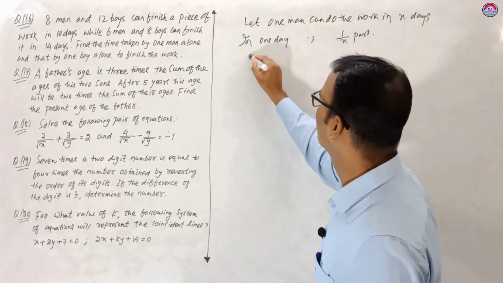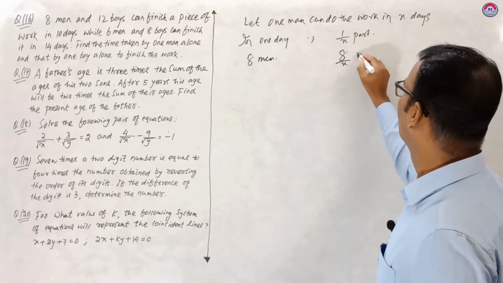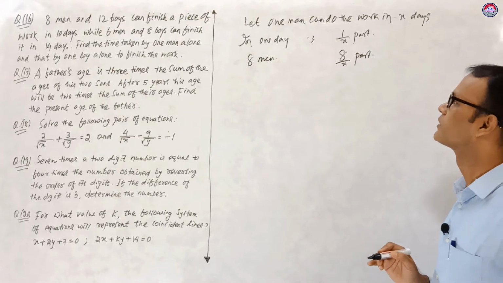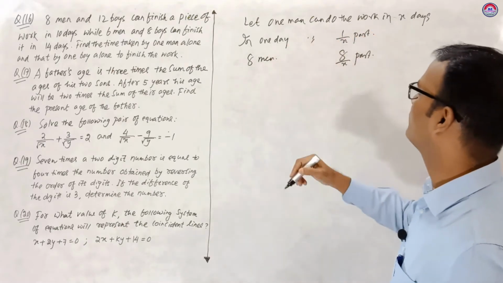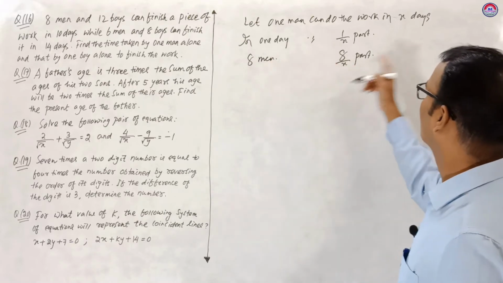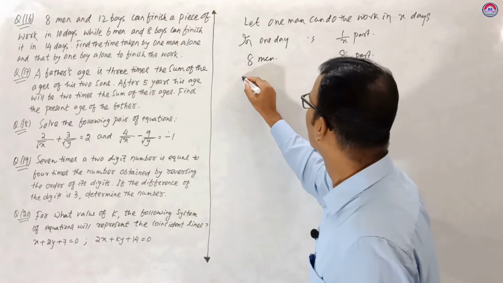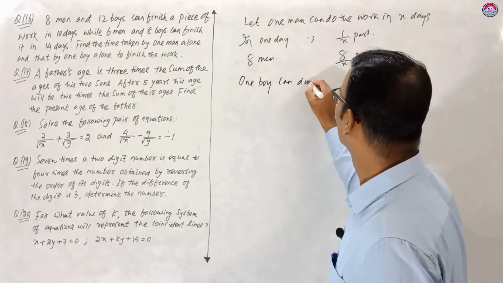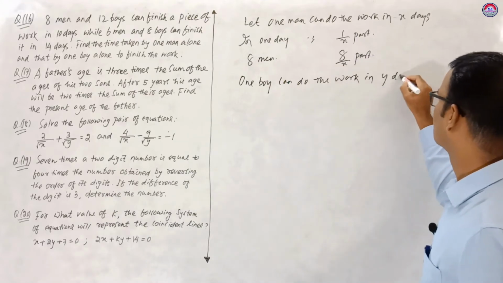So here given 8 men. 8 men can do 8 by X part of the work in one day. Similarly, let one boy do the work in Y days.